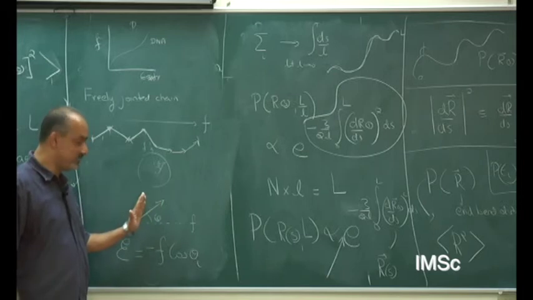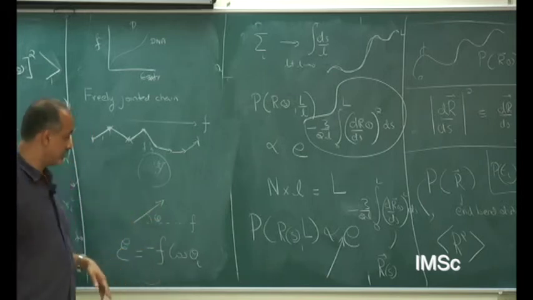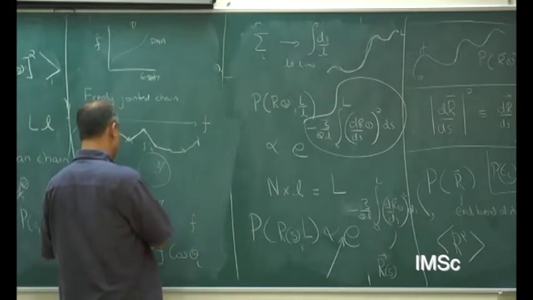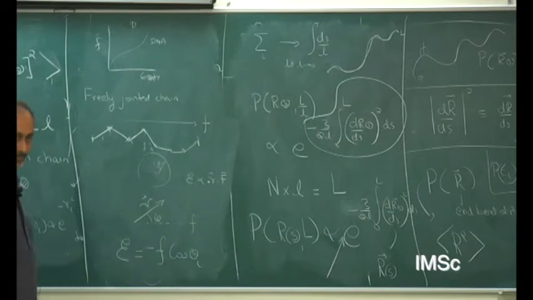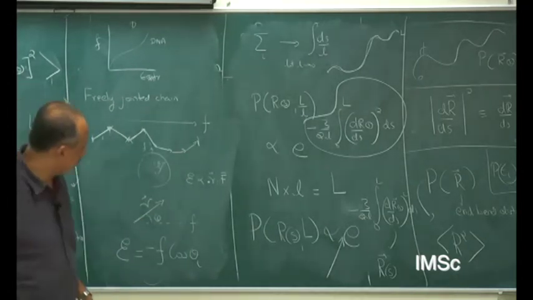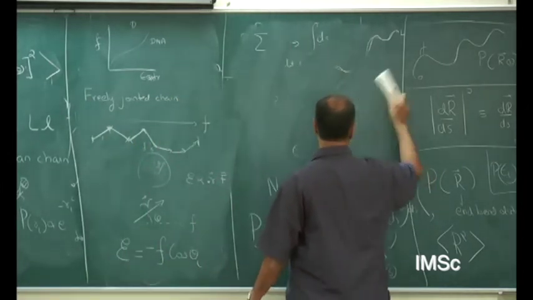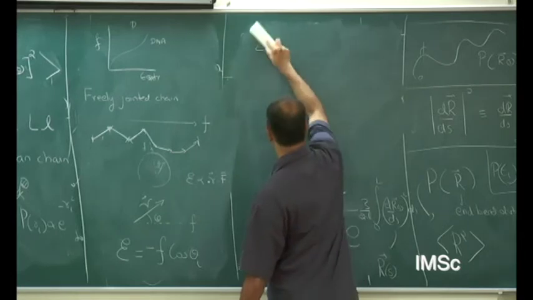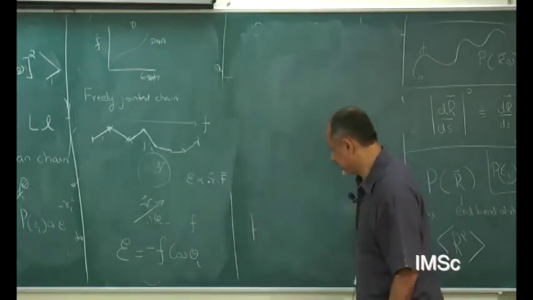The moment I move away from this, I pay more energy proportional to the amount of theta. Suppose this is some vector r. The energy is proportional to r dot f with a minus sign, where f is a force in this direction. I've just chosen for convenience this force to be along the z direction, which means I can use the standard spherical polar coordinates to describe it. Or I define my z direction to be the direction of the force.